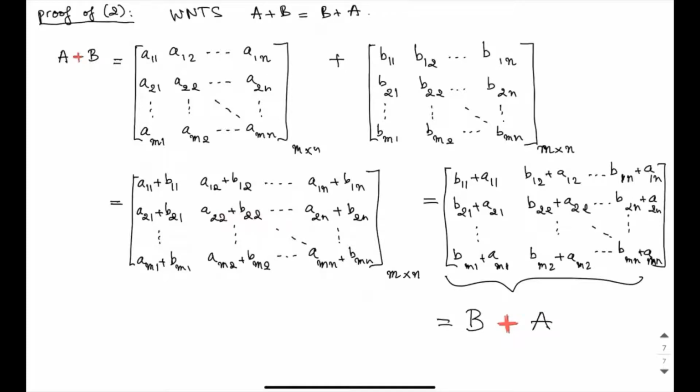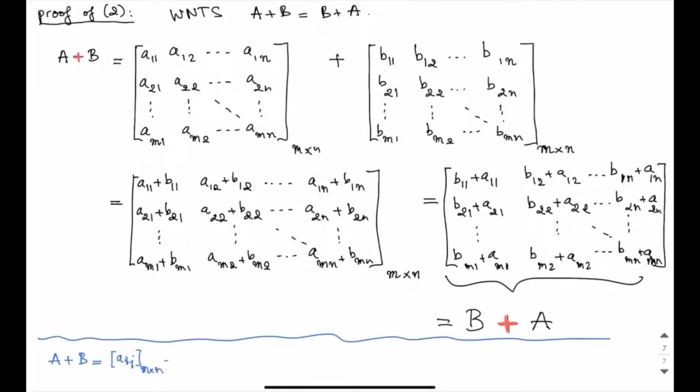Instead of having to write A and B explicitly, I can write A plus B with the notation Aij m by n plus Bij m by n.